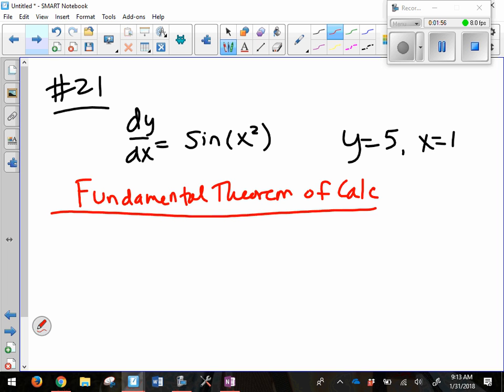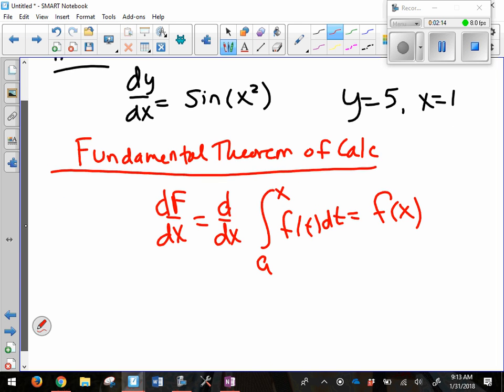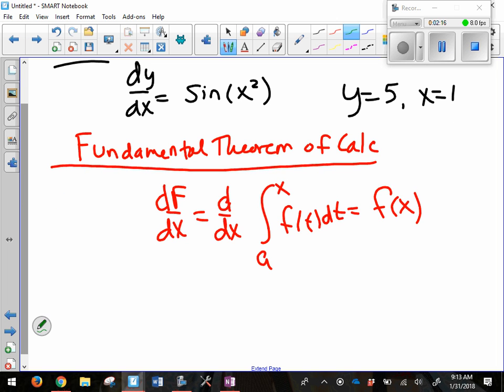Okay, the fundamental theorem of calculus says that if we take d/dx of my integral from a to x of f of t dt, that's going to give me f of x. And then we can compare that with what we're given.